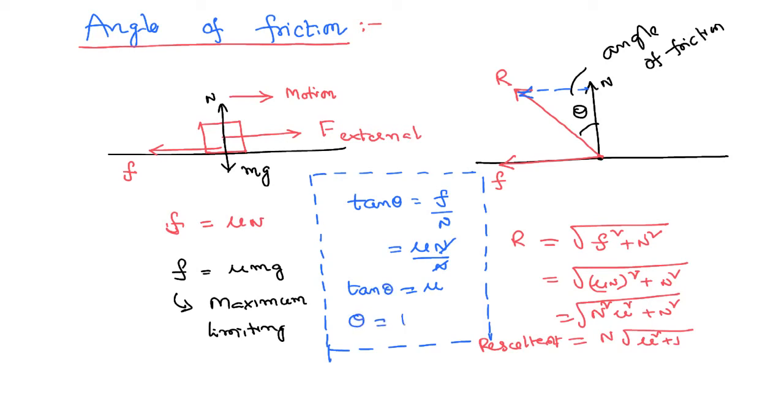Therefore, angle of friction theta can be defined as tan inverse of coefficient of friction. Angle of friction can be defined mathematically as tan inverse of coefficient of friction, and it can be defined as the angle between the normal reaction and the resultant force of normal reaction and the frictional force.